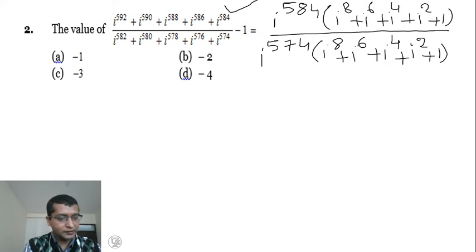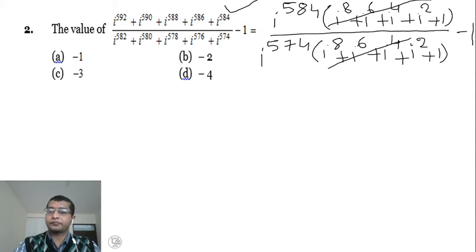This expression minus 1 I am going to write here, and we can clearly see that 1 plus i square plus i raised to 4 plus i raised to 6 plus i raised to 8 is present in the numerator as well as the denominator. We cancel it. So after cancelling, we get i raised to 584 divided by i raised to 574.